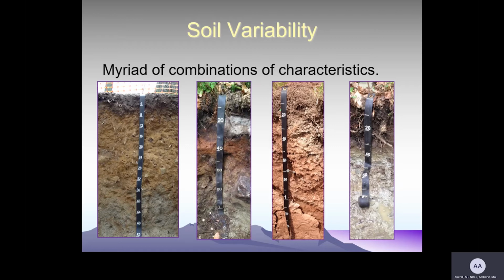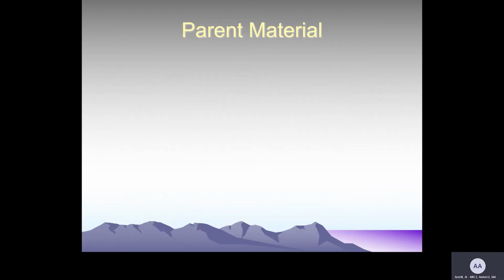A lot of different soil properties, and each property has huge ranges that can result in lots of different soil types with varying characteristics. But it's important to understand that from the perspective of wise land use and the capability and limitations of land for that land use.